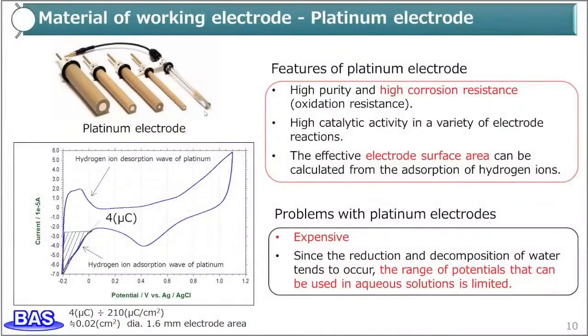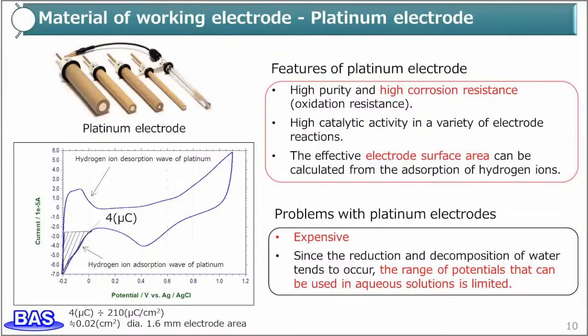The following is an introduction to the features of the platinum electrode as a material for the working electrode. The platinum electrode has high purity and high corrosion resistance. It has high catalytic activity in various electrode reactions.